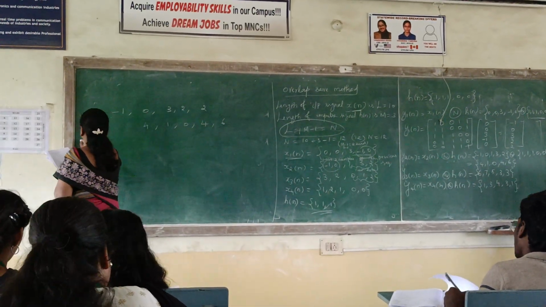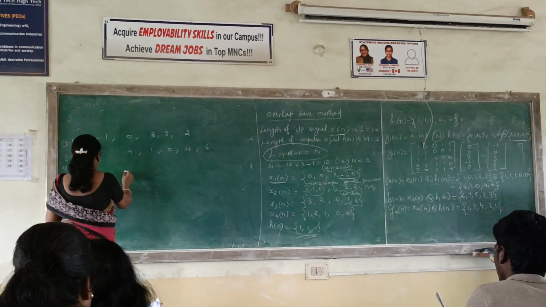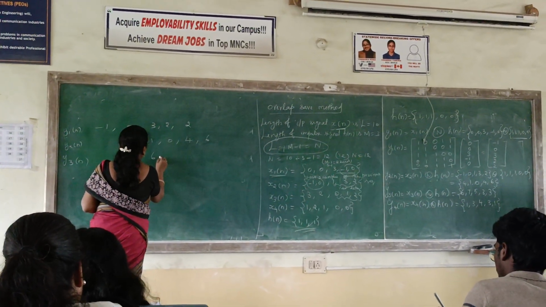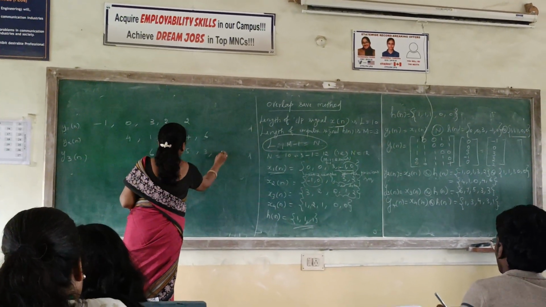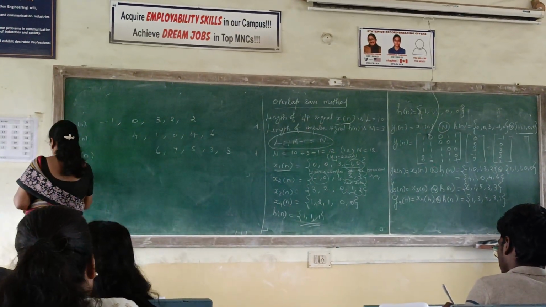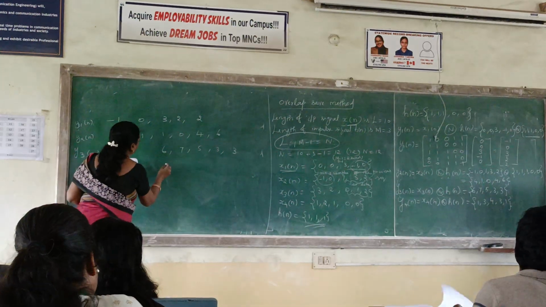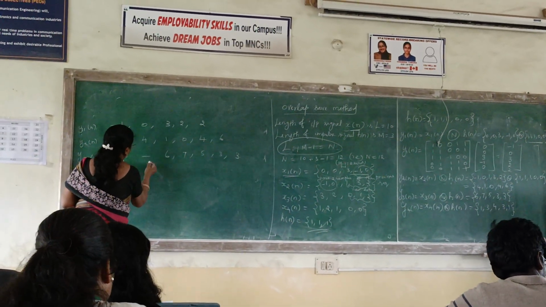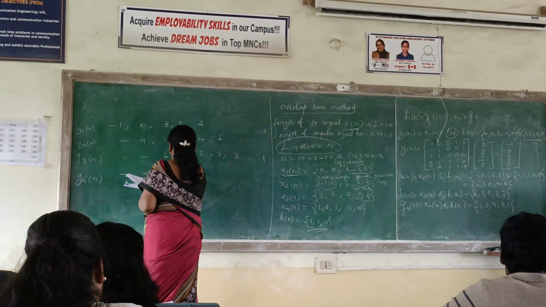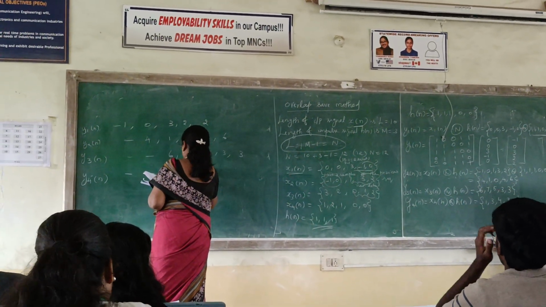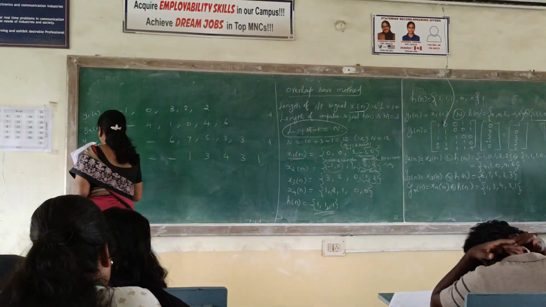Check the answer. Y3 of n is again 6, 7, 5, 3, 3. Y4 of n is again 1, 3, 4, 3, 1.